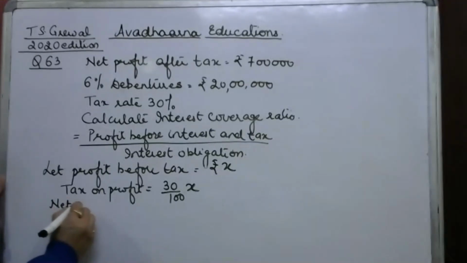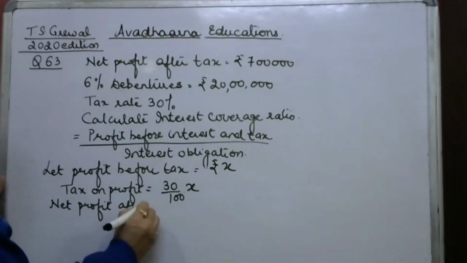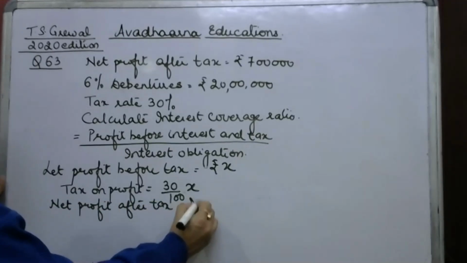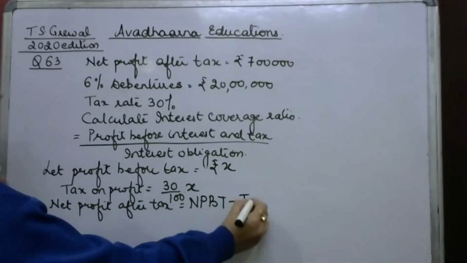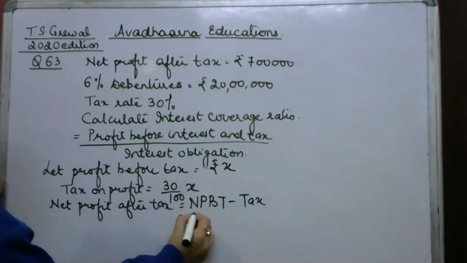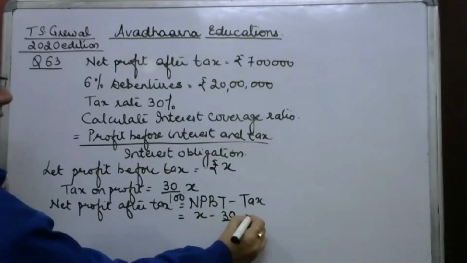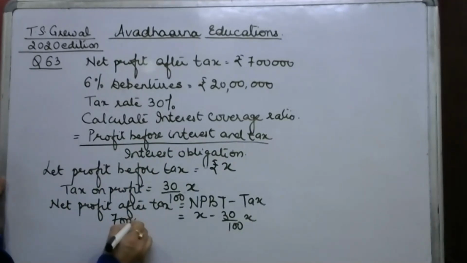Net profit after tax will be profit before tax minus tax. Let's put the value, it is x minus 30% of x, and net profit after tax is given to us, so we'll substitute the value 7 lakh.